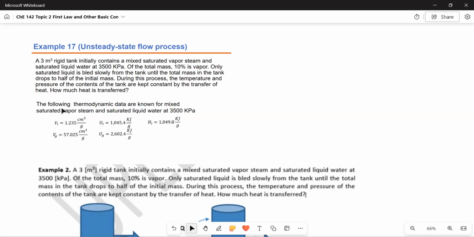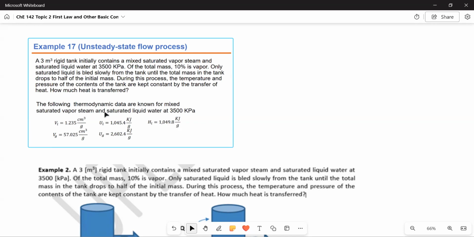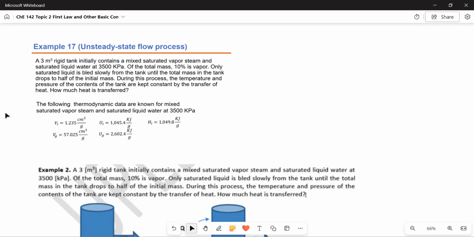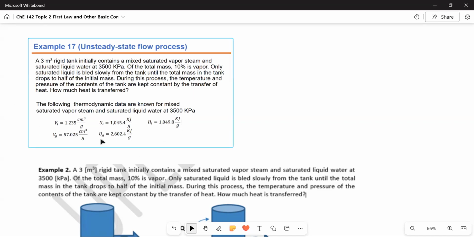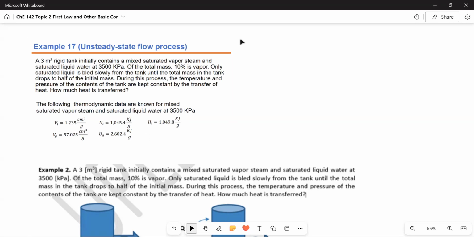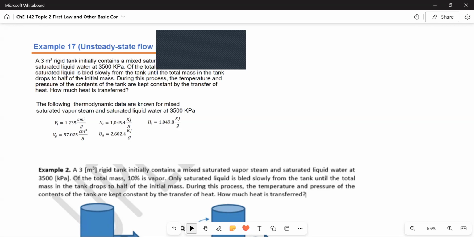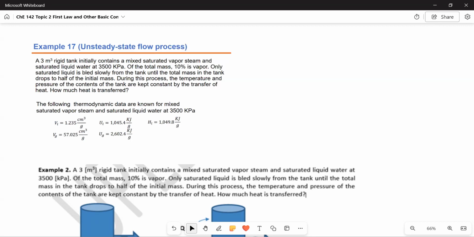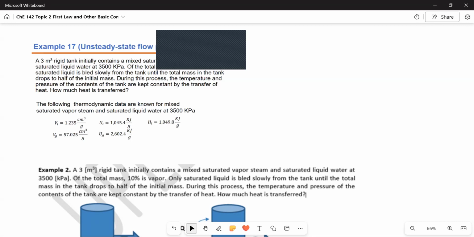And then we're also given the following thermodynamic data for mixed saturated vapor and saturated liquid at 3,500 kilopascals. But this data, you can see it from the steam table. Okay, it's appendix, I think appendix H. Let me open Smith and Van Ness to show you.